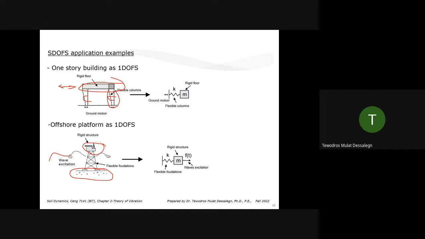So the mass of the frame you can represent as mass, and the stiffness of this framing system as K. We call it a flexible foundation, which means the framing system. We are assuming the rock is rigid. So that's the rigid part. And the source of the motion is wave excitation. So tidal waves are causing the motion.